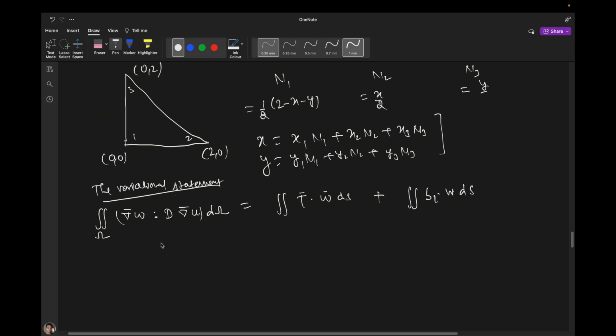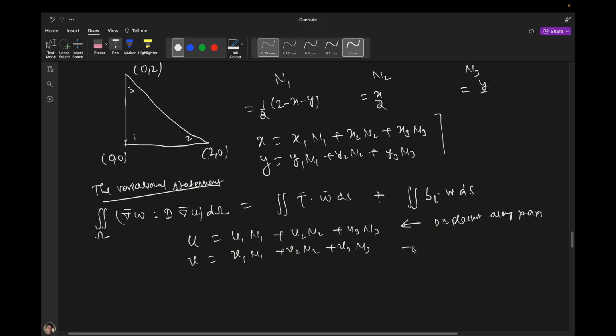So in that way, if I want to write u as u1 n1 plus u2 n2 plus u3 n3, and v I can write v1 n1 plus v2 n2 plus v3 n3, and this is the displacement along the x-axis, and this is the displacement along the y-axis.